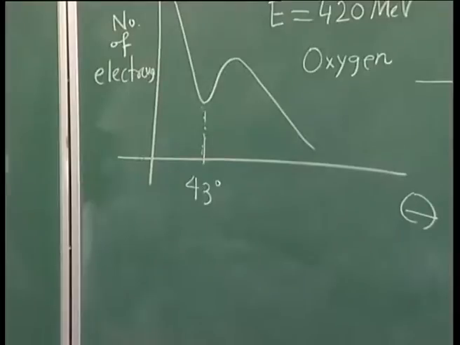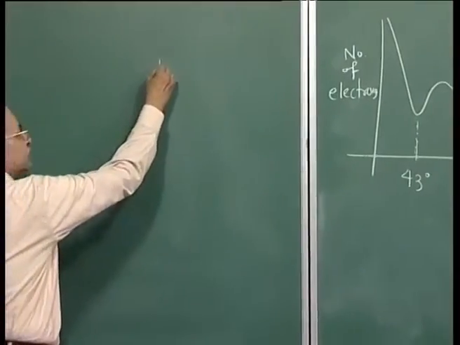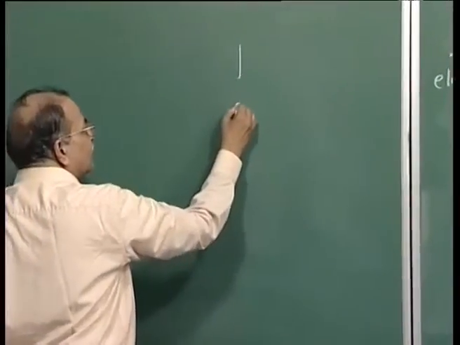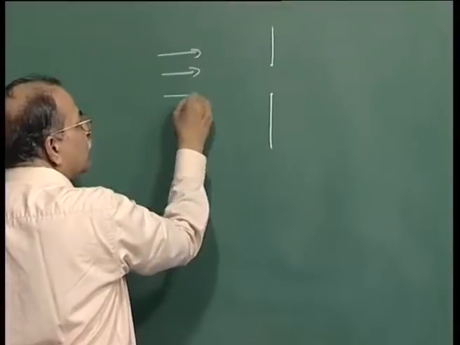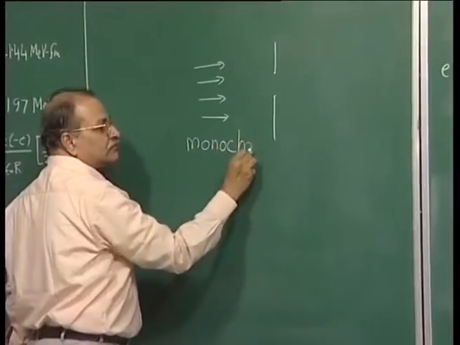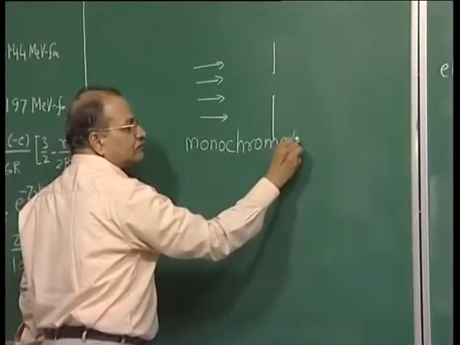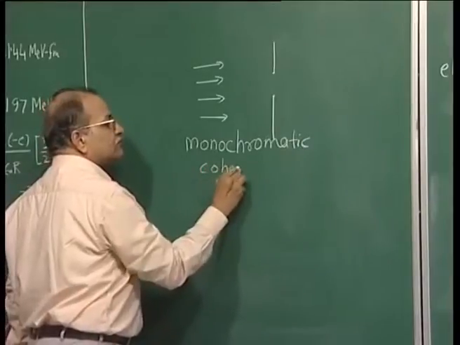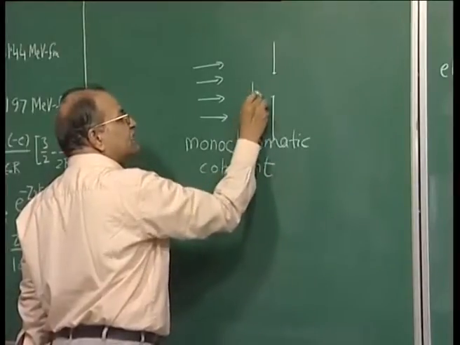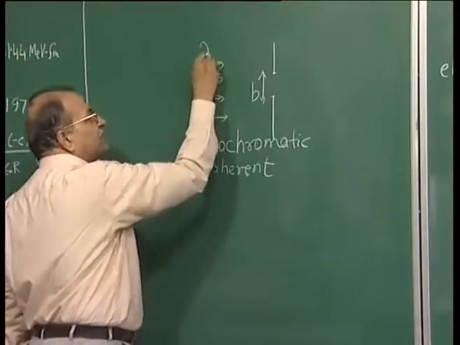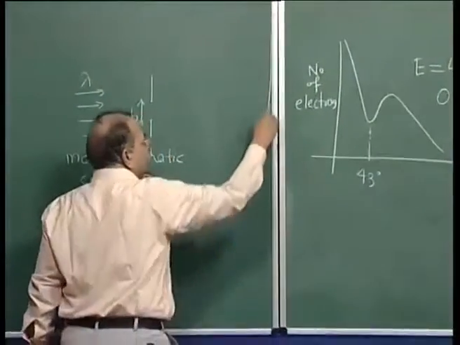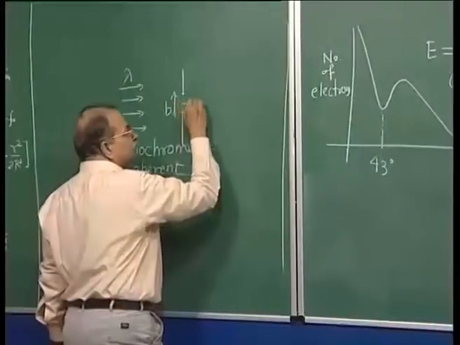Remember your optics lesson. If you have a single slit of some width and light is coming this way, monochromatic and coherent, with slit width generally written as b in the books, and wavelength lambda, and at a large distance you put some screen and look at the intensity distribution.